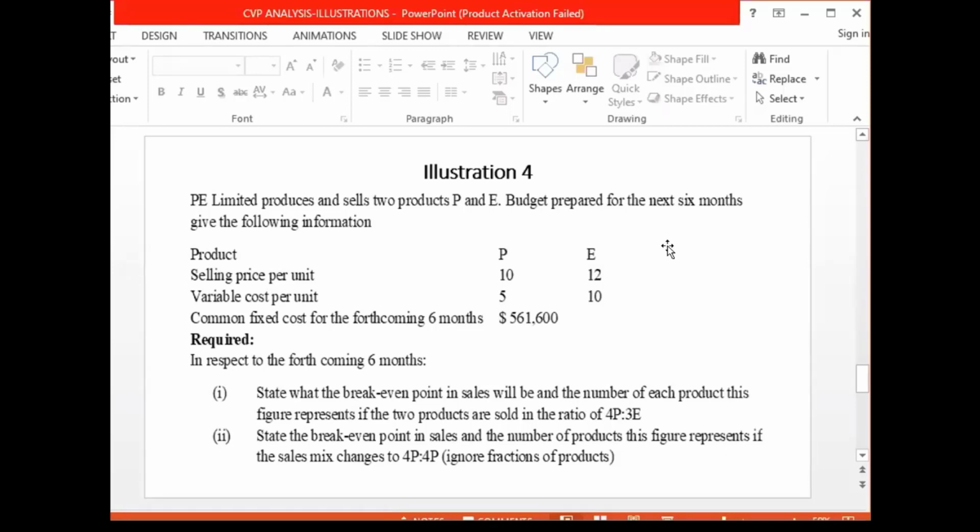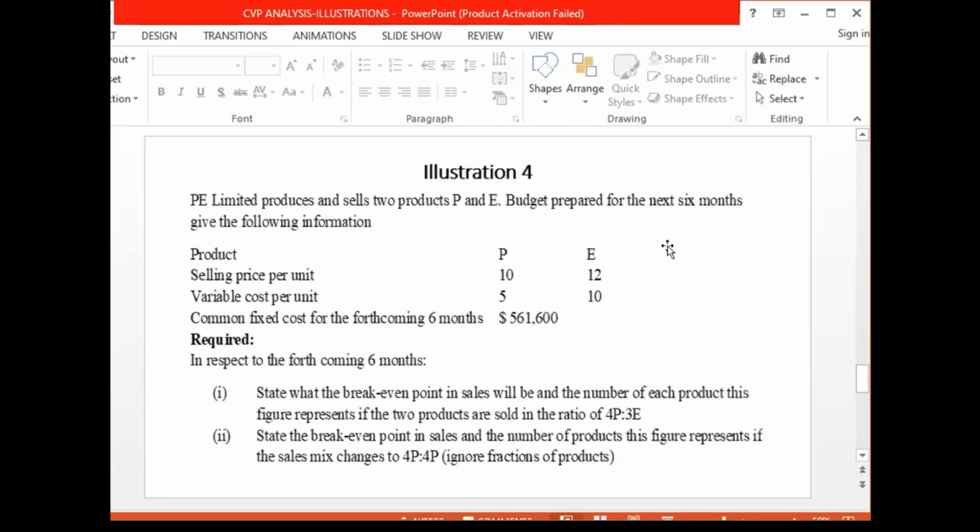Required, in respect of the forthcoming 6 months: state the break-even point in sales and the number of each product this figure represents if the 2 products are sold in the ratio of 4 to 3.